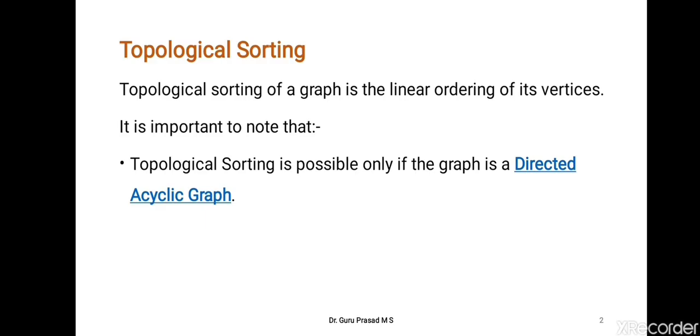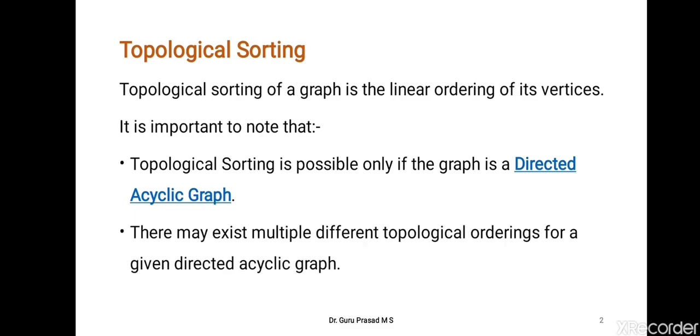Directed acyclic graph means the graph has direction and there must be no cycle. There may exist multiple different topological orderings for a given directed acyclic graph.